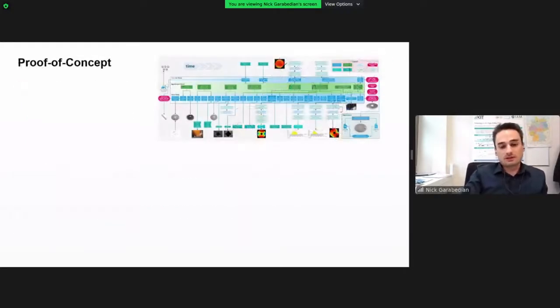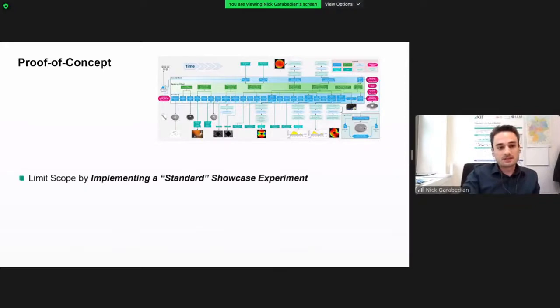So with these things in mind, what we did about a year and a half ago was to do a proof of concept where we conducted a somewhat standard showcase experiment of lubricated metal against metal contact. And we basically asked the questions, can we do this experiment fairly?